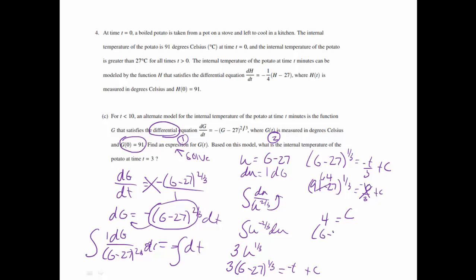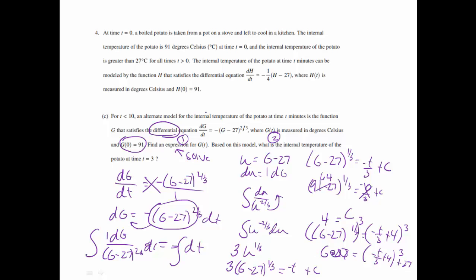So then now I'm going to have (g minus 27) to the 1/3 equals negative t over 3 plus 4. And then to finish solving this, to get rid of a cube root, we're going to cube both sides. So now I'll have g minus 27 equals (negative t over 3 plus 4) to the 3rd power. And then to get g by itself, we'll just add 27.